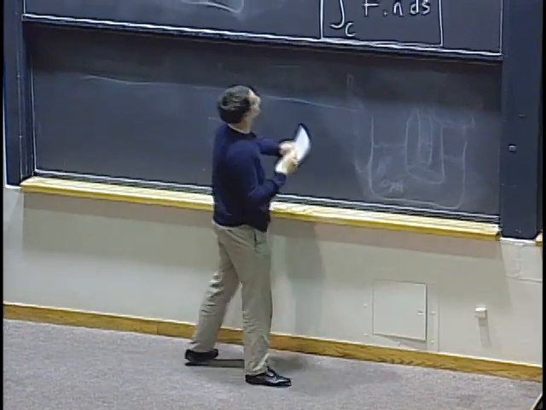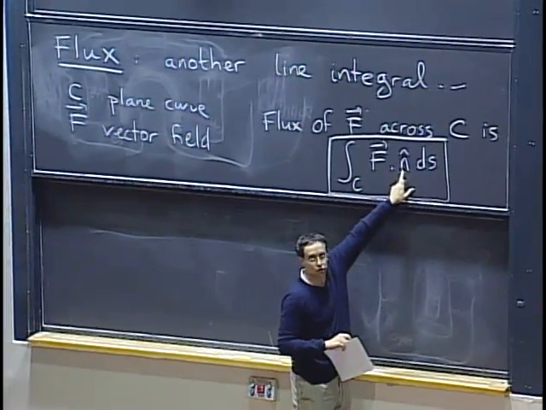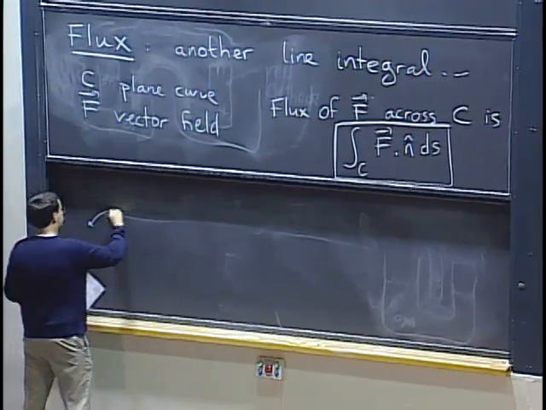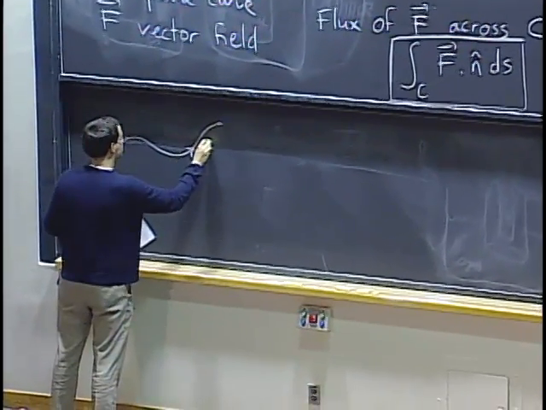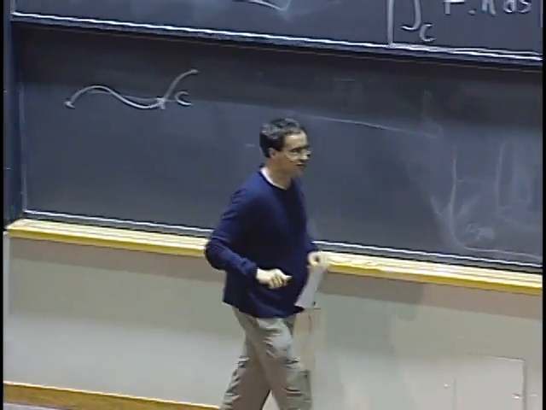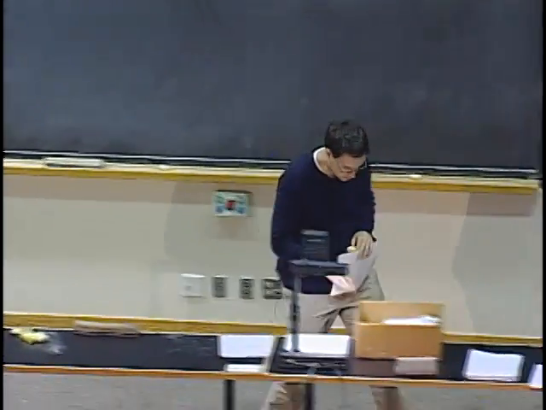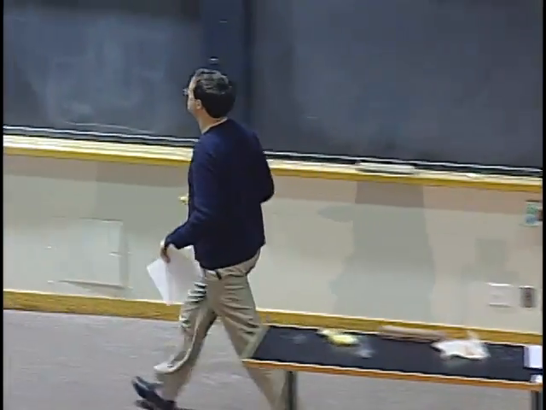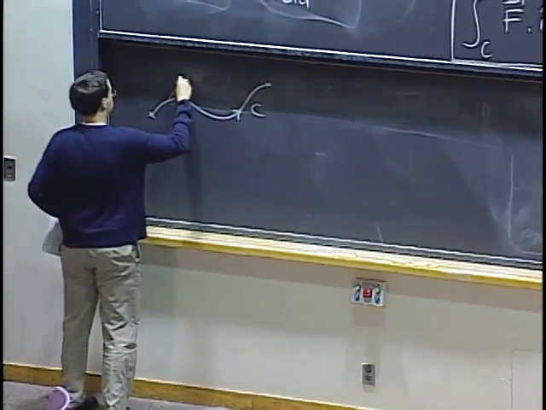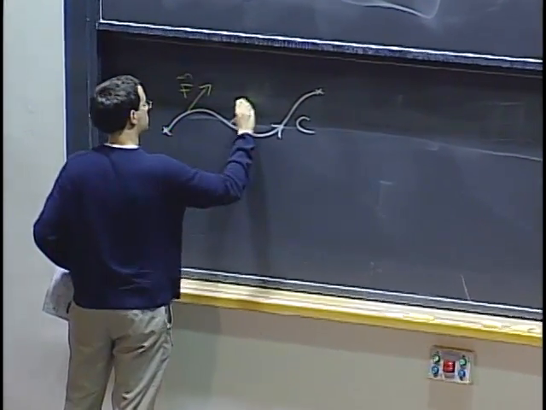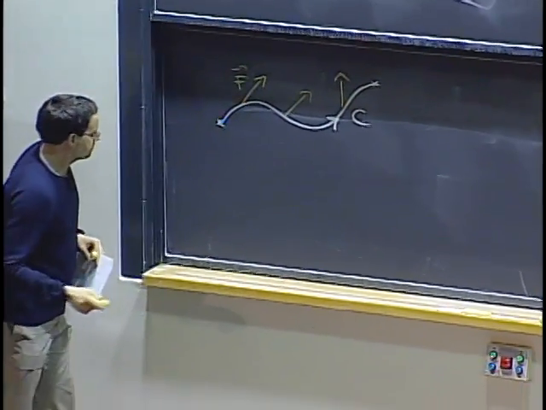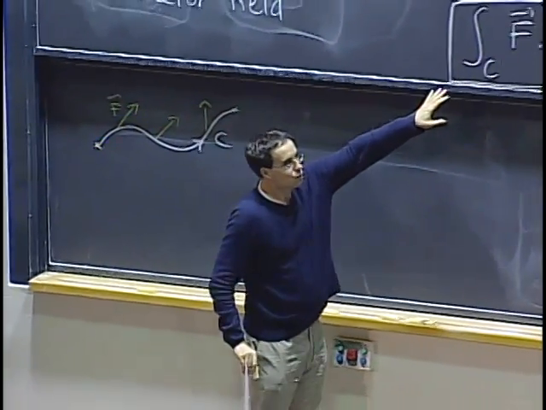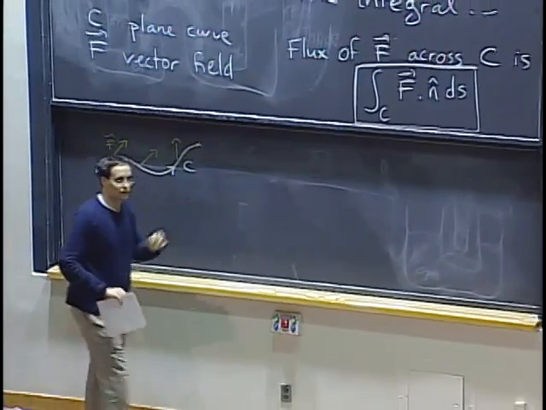So first, I have to tell you what this little n is. The notation suggests it's a normal vector. So what does that mean? I have a curve in the plane, and I have a vector field, let's see, a vector field will be yellow today. And I will want to integrate along the curve the dot product of f with the unit normal vector to the curve.